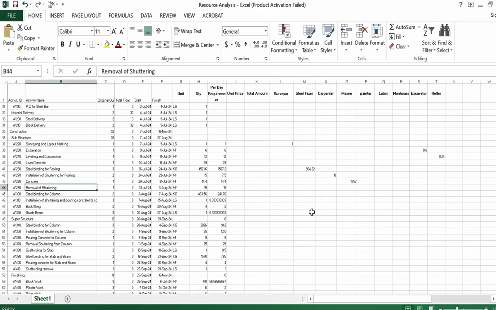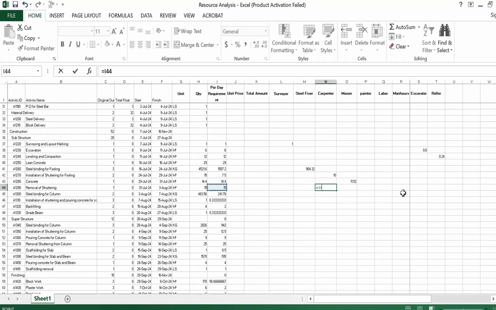Next activity is removal of shuttering. In order to remove the shuttering, we need a carpenter. One carpenter will remove, suppose, 15 square meter in one day, and the duty hour will be 8. So one carpenter will be enough for 8 hours.